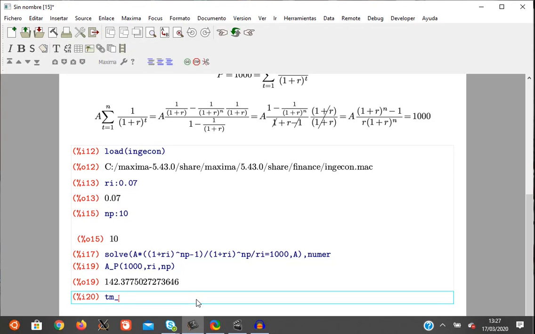Let's keep 1000 fixed, R will be kept as a variable, and NP will be maintained. This expression will be plotted for a range of R between 0 and, let's say, 25%. We want the grid to be plotted.